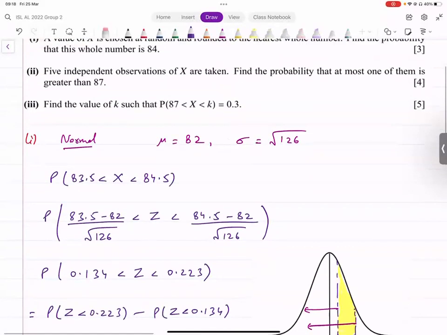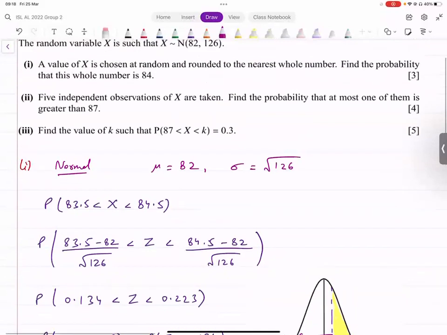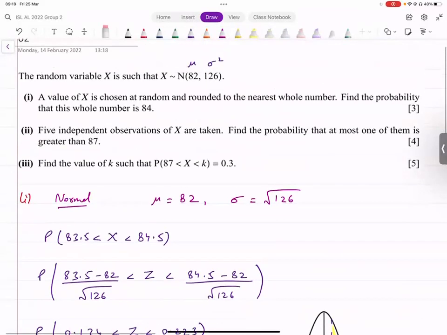Let's look at the second part. 5 independent observations of X are taken. Find the probability that at most one of them is greater than 87. Achha, what distribution is this? Binomial.